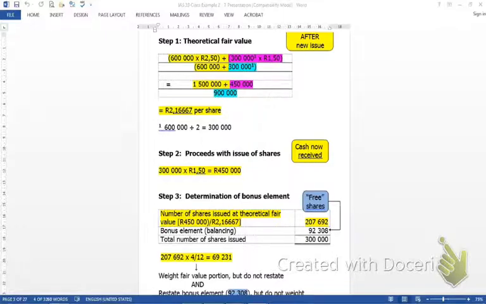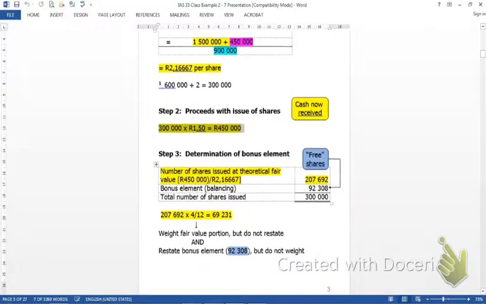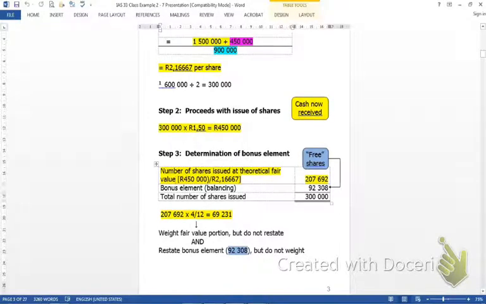Firstly, the proceeds, as we said, how much did we get? We received 300,000 times 150, and that is 450,000. So then we have to divide that amount by the theoretical fair value. And as you can see there in step 3, actually, they gave that calculation there.